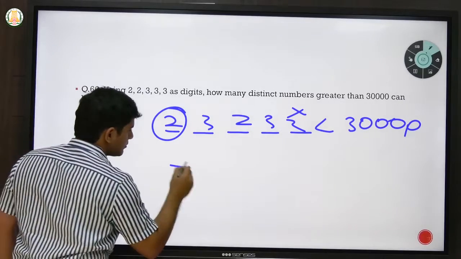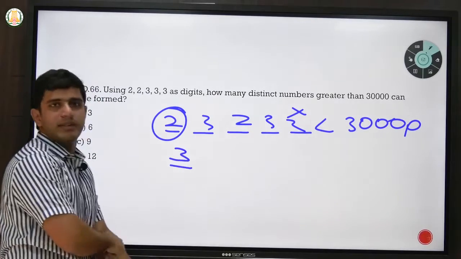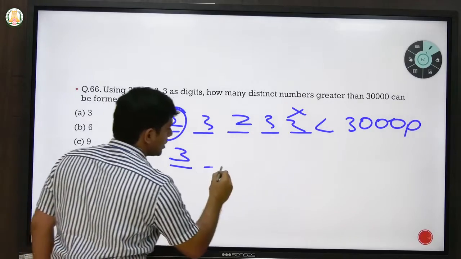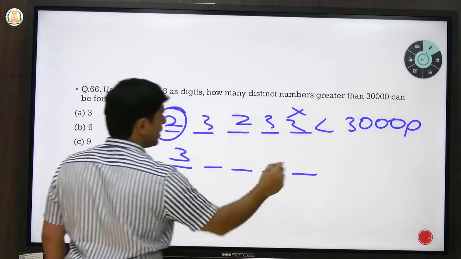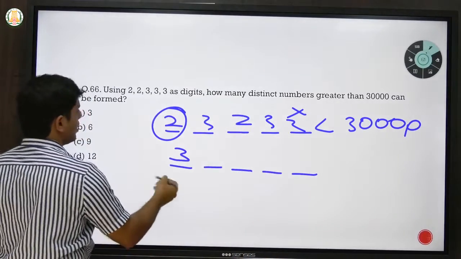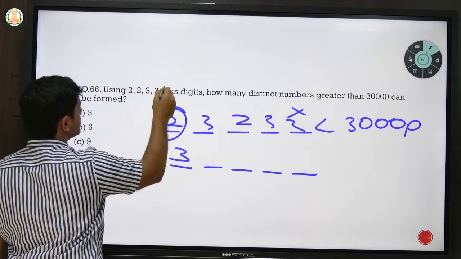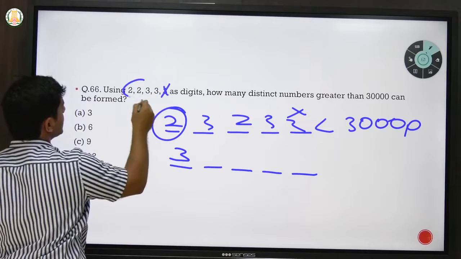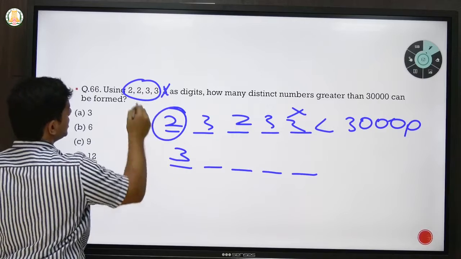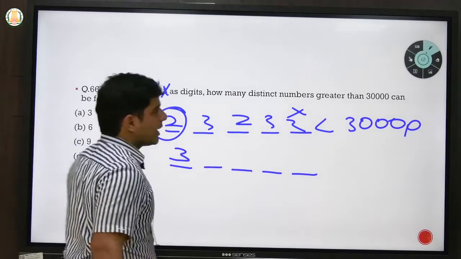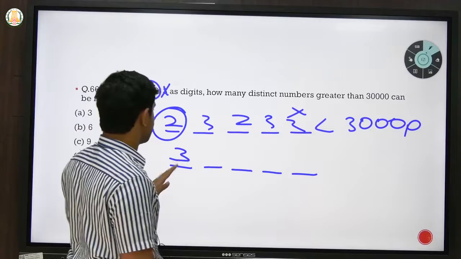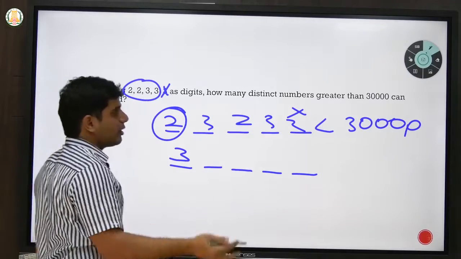So the first digit should itself be 3. It can't be 2. Now you have 4 digits left to plug, since this 3 we have used here: 2, 2, 3, 3. Now you see the opposite case.